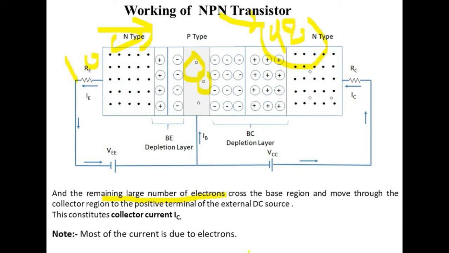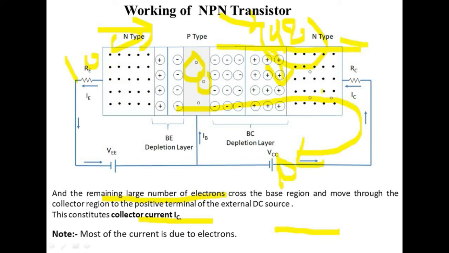The remaining large number of electrons cross the base region and move through the collector region to the positive terminal of the external DC source. This constitutes the collector current IC. Seeing this positive battery, the electrons will be attracted towards the collector terminal. Because the electrons are moving in this direction, the collector current is going inside in this direction.